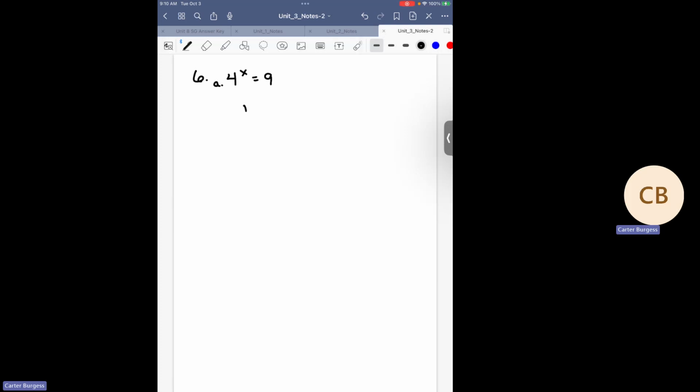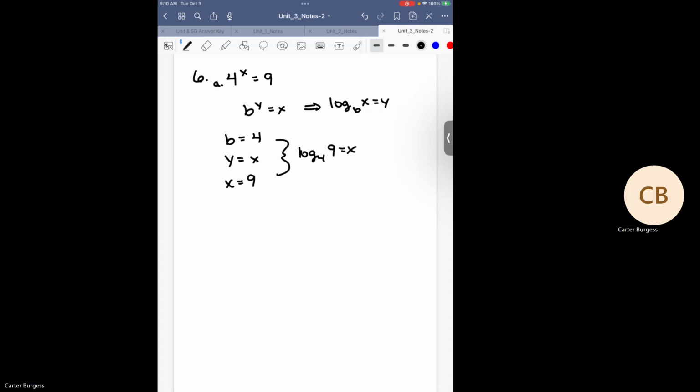So we know that if we have b to the y is equal to x, we can rewrite this as log base b of x equals y. And so for this particular equation, b is equal to 4, our exponent y is equal to x, and then confusingly enough, our x here, our output, is equal to 9. And so we end up with log base 4 of 9 is equal to x.